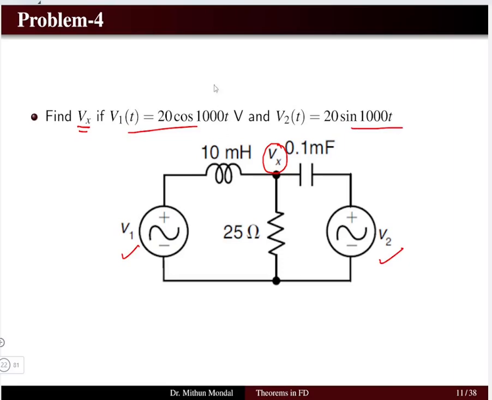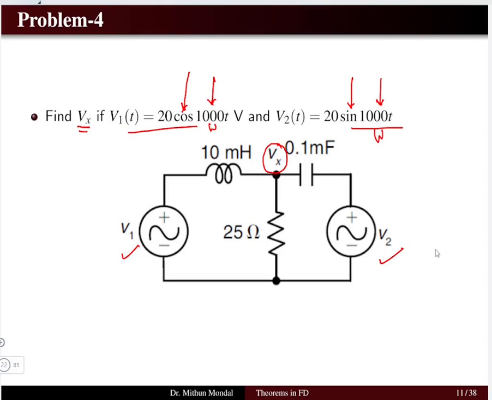Now see one thing, the source V1 is in the form of a cos, whereas source V2 is in the form of a sine. So appropriate sign convention should be there so that we can bring both in the same form. Next thing, the frequency omega for the two sources we have to note down, that is constant at 1000 radian per second.